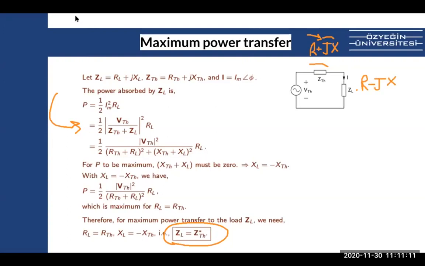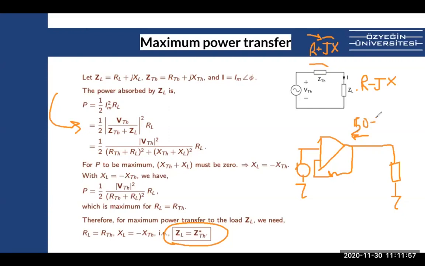Okay. So a simple example: we have a source and an op-amp, like in a feedback, and we have a load here, and it's asking what this load impedance should be for maximum power transfer to the load. Well, you find the output impedance of this op-amp. It will be, let's say, 50 minus 30j.